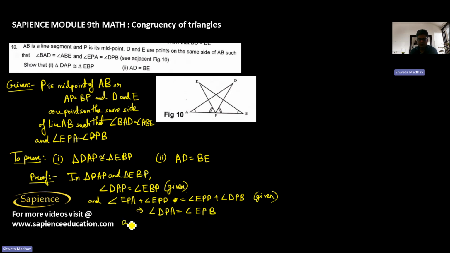And also we can see that AP is equal to BP, which is given. So this AP is the included side. So by ASA rule, the angle side angle rule of congruency, these two triangles are congruent.